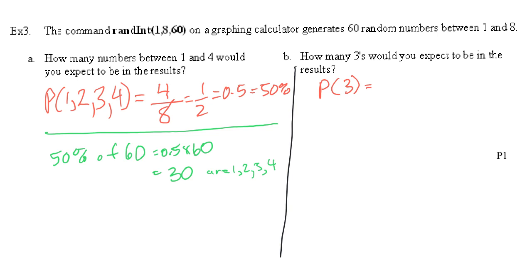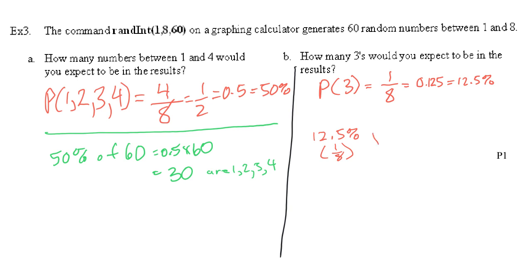So finding the probability of 3, it's 1 out of 8 possibilities, which gives us 0.125 on our calculator, which gives us 12.5%. Now that I have 12.5%, right, I want to take 12.5%, or I could put 1/8 here.